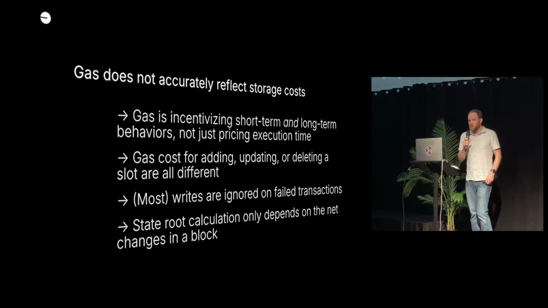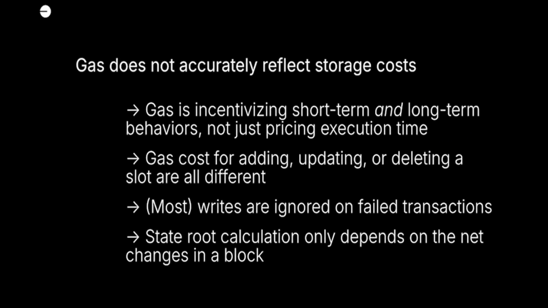So it's important to step back and ask, why is this the case? Gas is not really there to reflect execution time exactly. Gas prices are set up for an incentive structure. So while in Reth it might be computationally equivalent to add a new storage slot, update an existing one, or delete one, they all cost very different amounts.